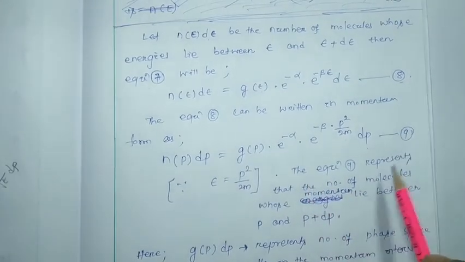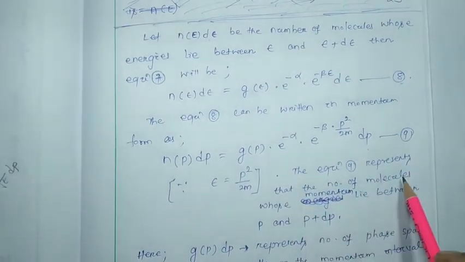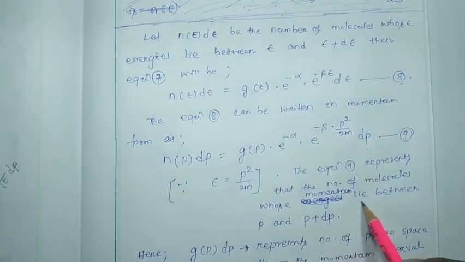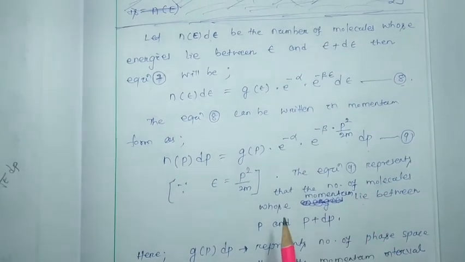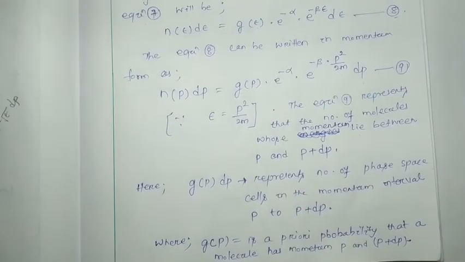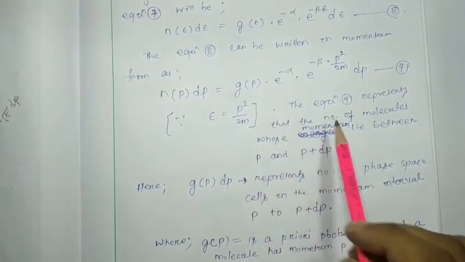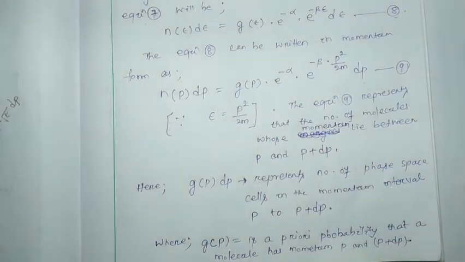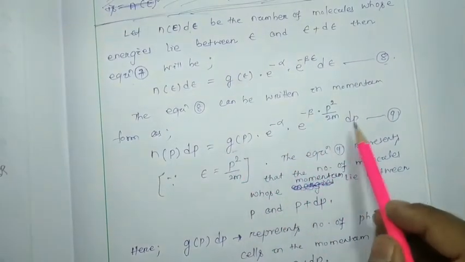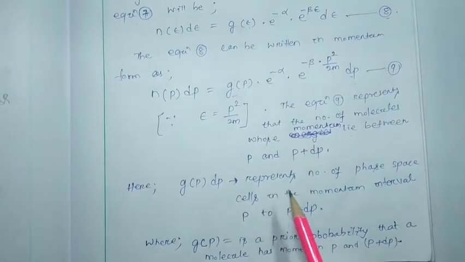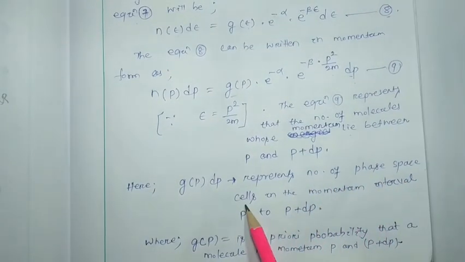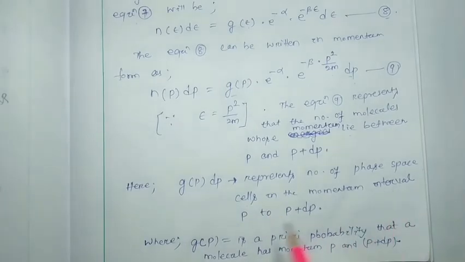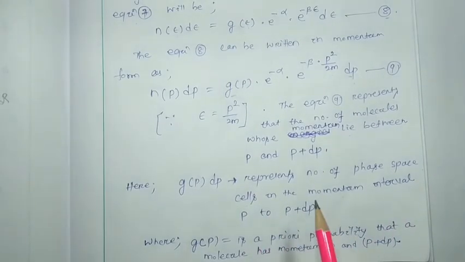Equation number 9 represents the number of molecules whose momentum lies between p and p plus dp, which we are going to evaluate. See, here g(p) dp represents the number of phase space cells in the momentum interval p to p plus dp.